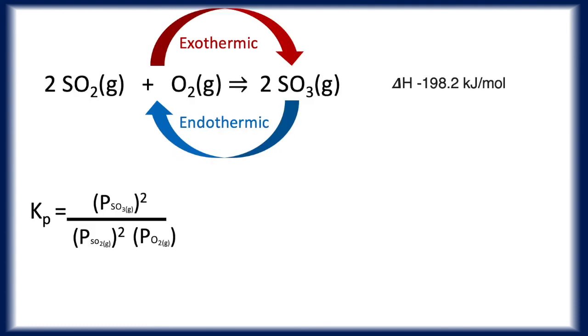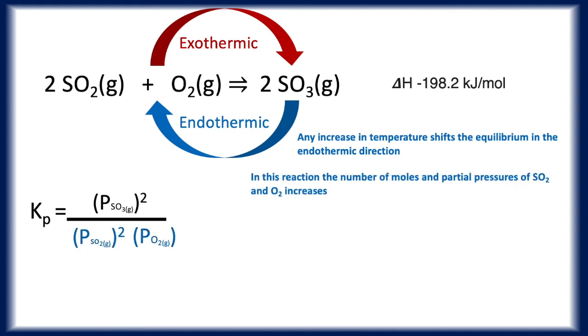So when we pop that into Kp, like so, any increase in temperature we know will shift the equilibrium in the endothermic direction. So in this reaction, the number of moles and partial pressure of SO2 and O2 will increase, and therefore Kp will decrease. So remember, temperature is the only time that the value of Kp will change.